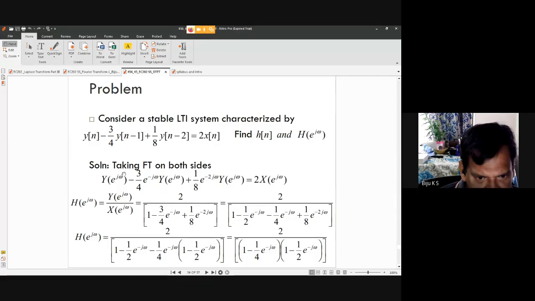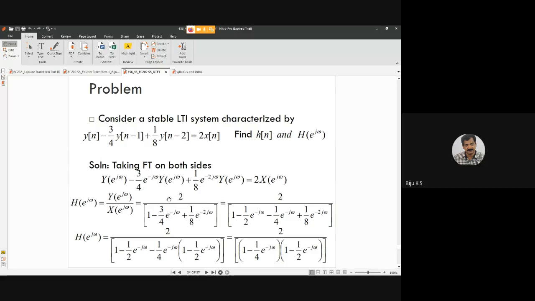So 3 by 4 into e raised to minus j omega into Y of e raised to j omega plus 1 by 8 into e raised to minus 2 j omega into Y, the Fourier transform of y of n minus 2, delayed by two places, equal to 2 X of e raised to j omega. From that I can calculate the transfer function, Y of e raised to j omega by X of e raised to j omega.